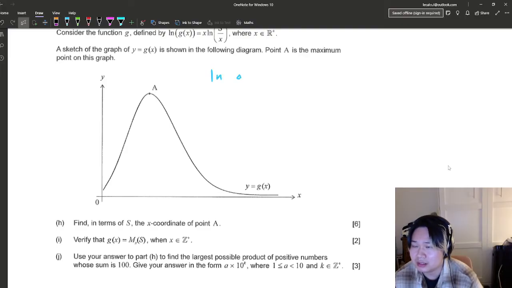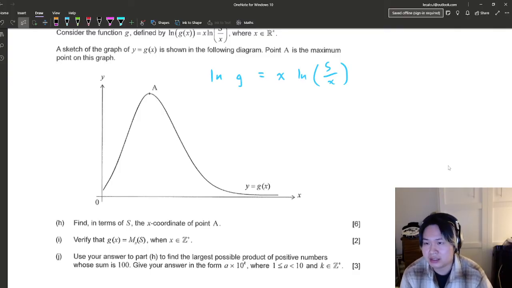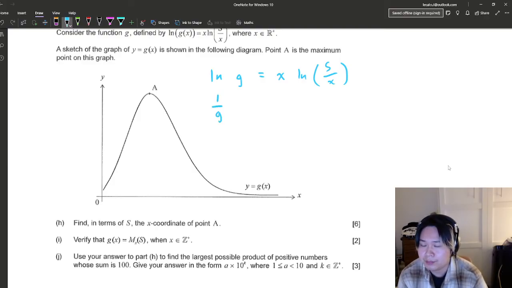Okay, so natural log g is equal to x times natural log of s over x. Okay, we need to maximize this. So now we start using calculus. Unfortunately, this will include some implicit differentiation. So this is going to be 1 over g times g prime.